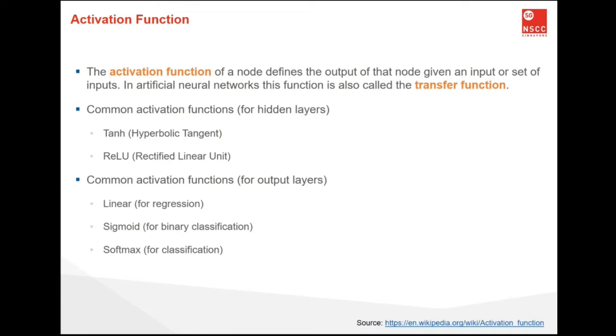The choice of activation function in the output layer is strongly constrained by the type of problem that we are going to solve. For example, a regression problem may have a single output neuron, and the neuron may have no activation function.